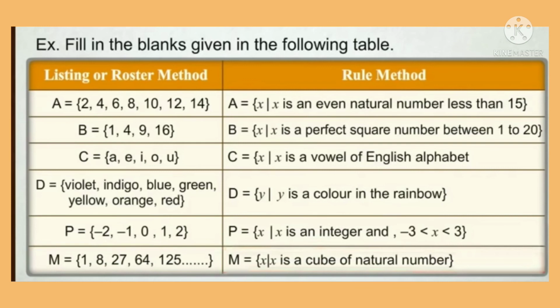Listing or roster method: M = {1, 8, 27, 64, 125, and so on}. Rule method: M is a set of x such that x is a cube of a natural number.